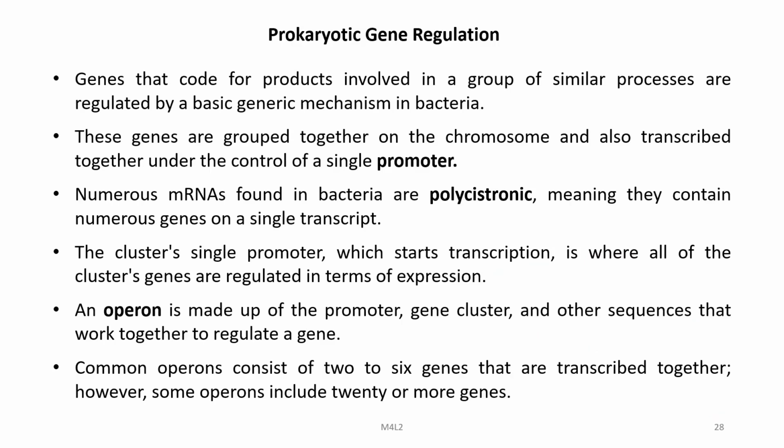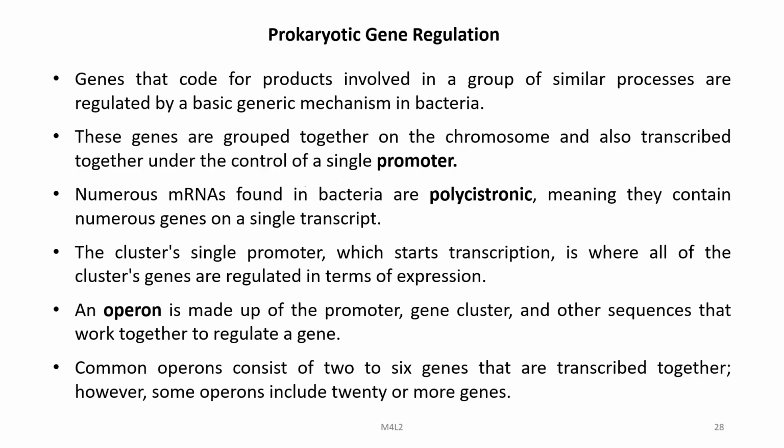Let us look into prokaryotic gene regulation overall. Genes that code for products involved in a group of similar processes are regulated by a basic generic mechanism in bacteria. These genes are grouped together on the chromosome and are also transcribed together under the control of a single promoter. Numerous mRNAs found in bacteria are polycistronic, meaning they contain numerous genes on a single transcript.